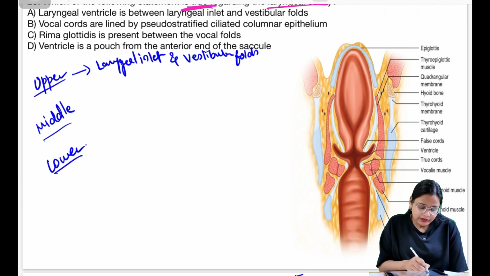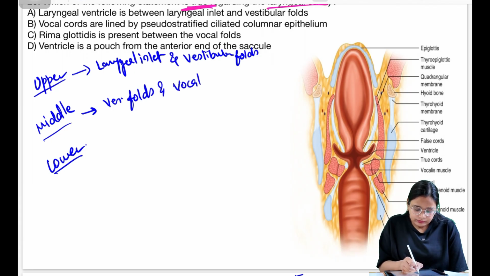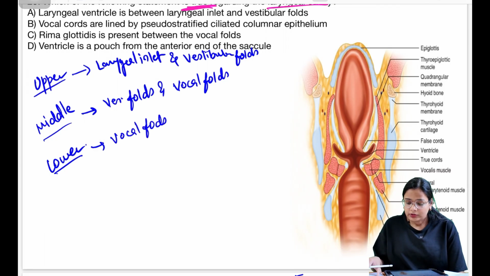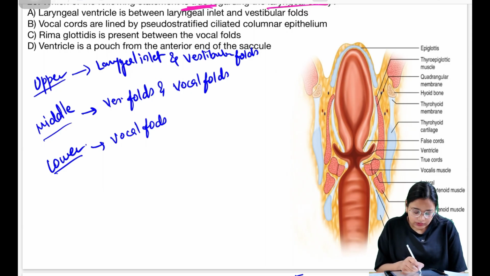Okay, middle or ventricle is between vestibular folds and vocal folds, and lower part is between vocal folds and trachea. Okay, vocal folds and cricoid cartilage, more specific.